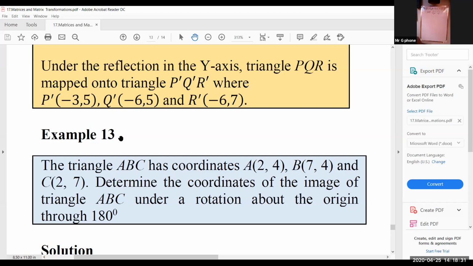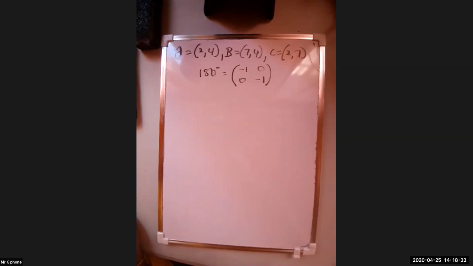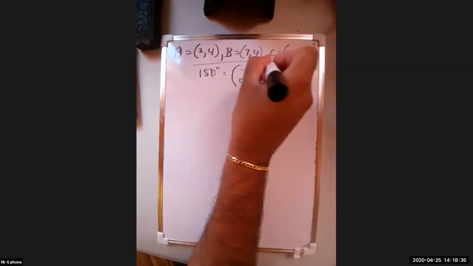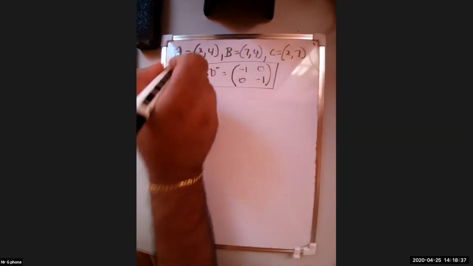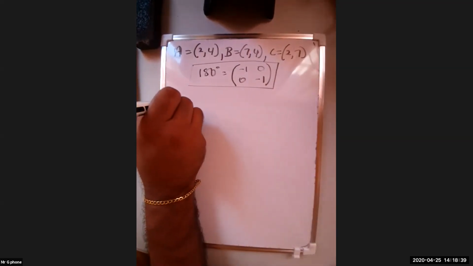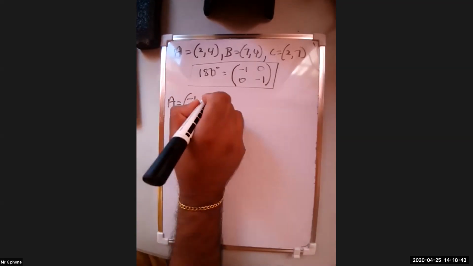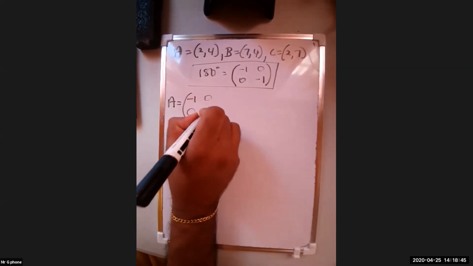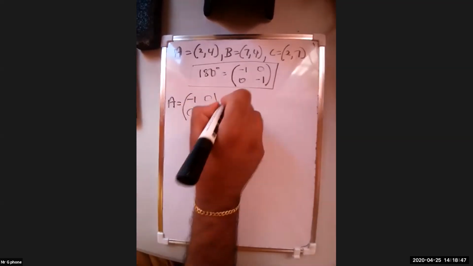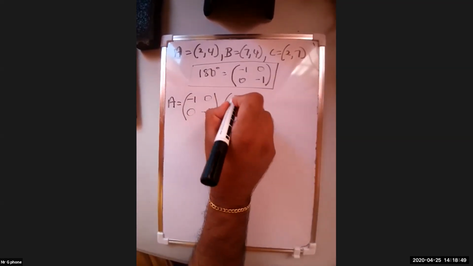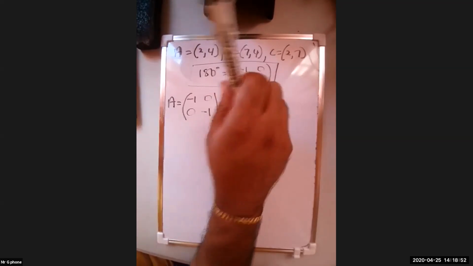So I'm turning on the whiteboard now. All right, this is the matrix that we're using. So let's look at A. Negative 1, 0, 0, negative 1, and then we have A as 2, 4.